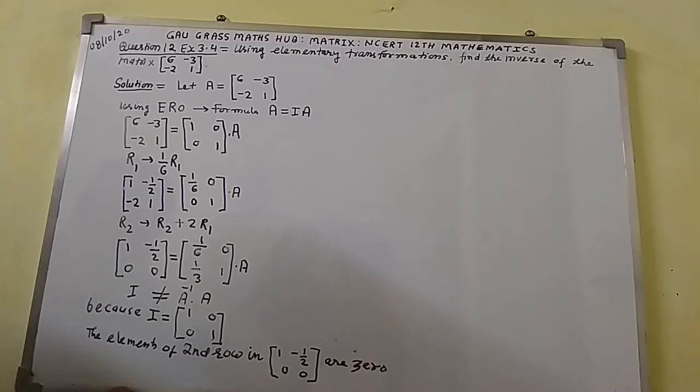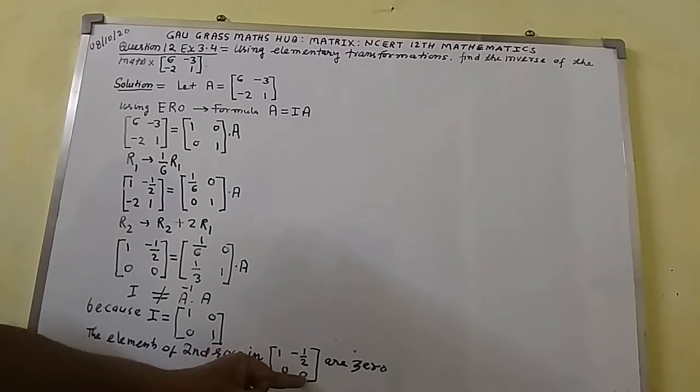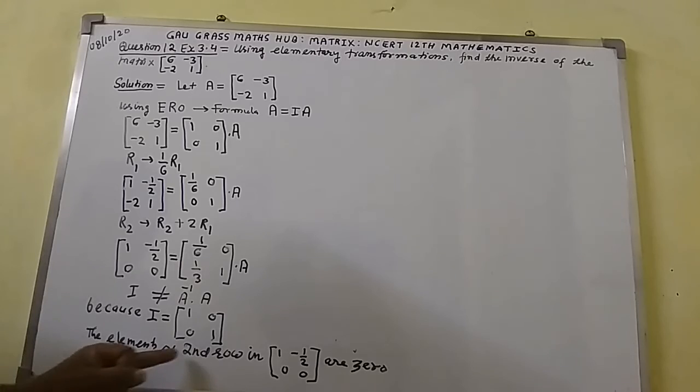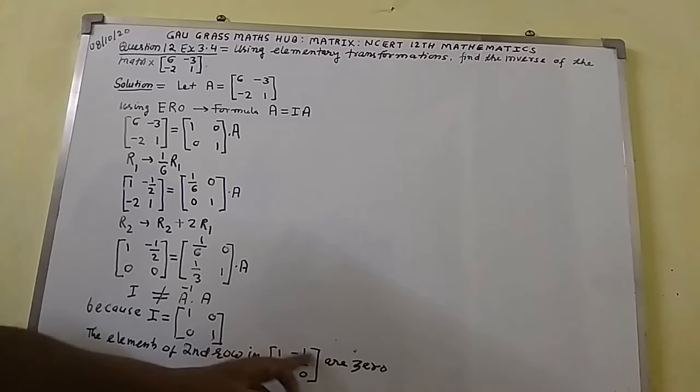So in this matrix, the elements of the second row, here you can see this is the second row and this is the first row. In this matrix, the elements of the second row are 0. The second row, all elements are 0 0.